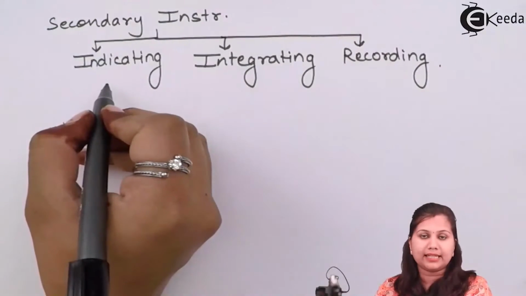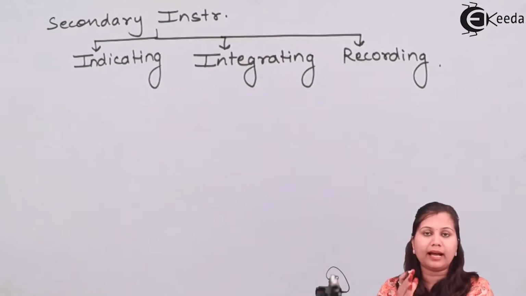In the indicating instruments, we have a pointer, and this pointer is deflected over a calibrated scale. So the value of the measurement is indicated by the pointer deflection.